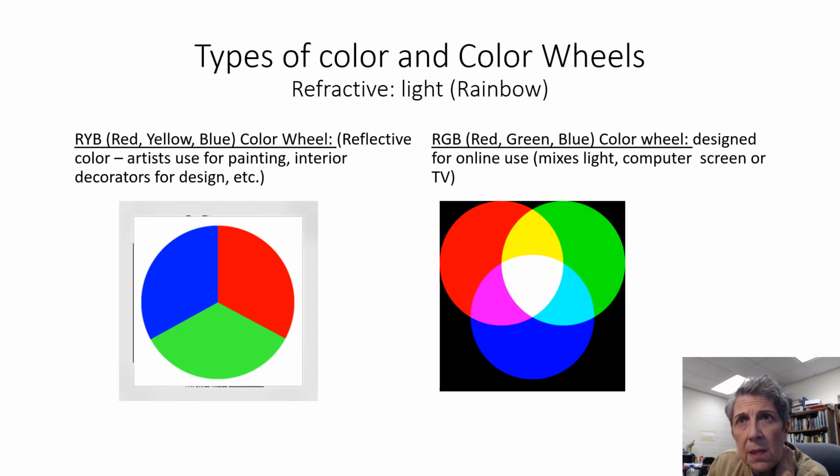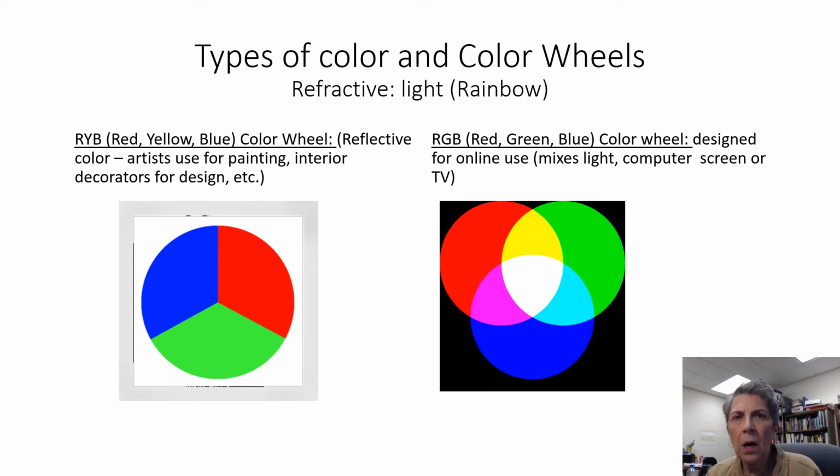As you can see, this says red, yellow, green. I'm sorry, this was not updated. I'll update this on your PowerPoint. This is supposed to be red, yellow, and blue. That is your primary, okay? Over here, this is online, and this is red, green, and blue.